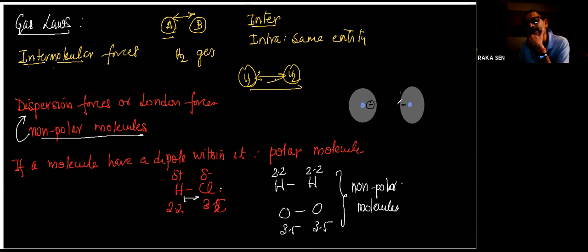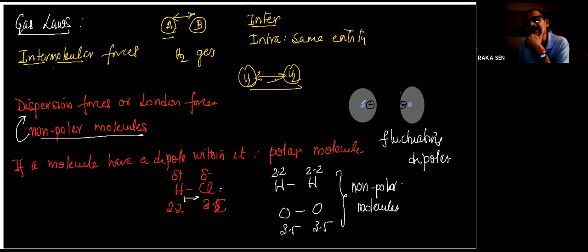Essentially, this negative charge is going to repel the other negative charge. As a result, there will be the case of fluctuating dipoles.